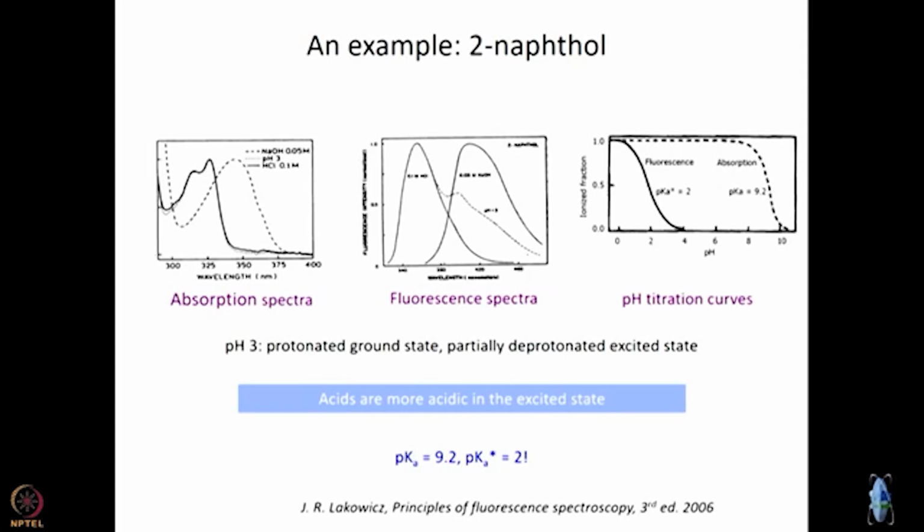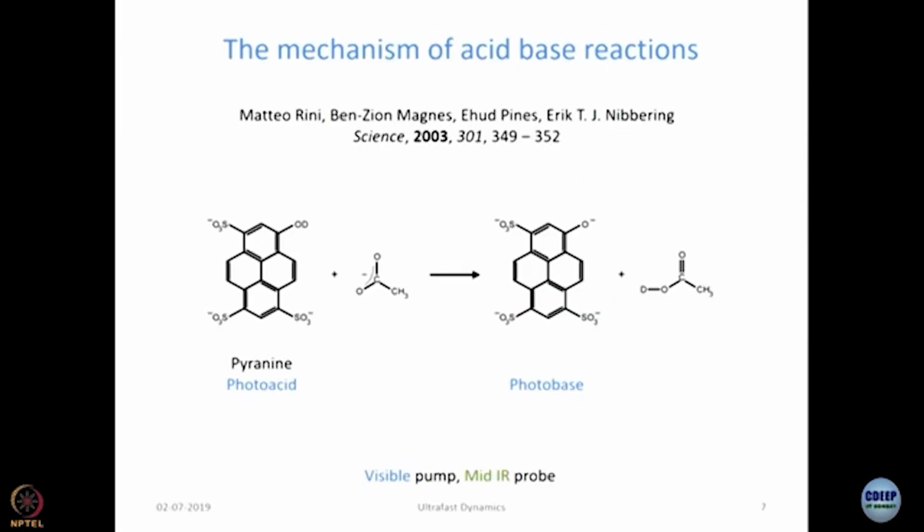So we could follow the dissociation of this, but more interestingly we can also follow the kinetics of processes that are triggered by this burst of protons that we have released. In fact, this kind of experiment has been done. In 2003 the first paper was published in Science. What you see here is pyranine, a very strong photoacid.